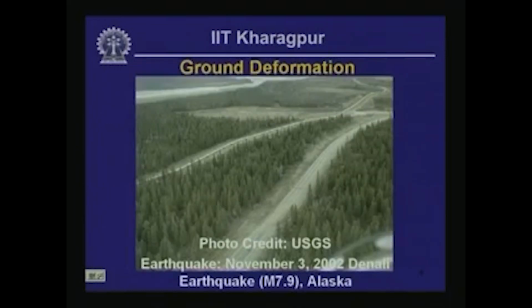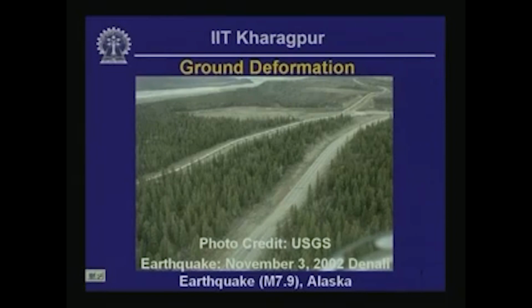Okay. So a few photographs. What are the damages that could be caused by ground deformation? These photos were taken from the United States Geological Survey, and they pertain to the earthquake of November the 3rd, 2002 in Alaska.